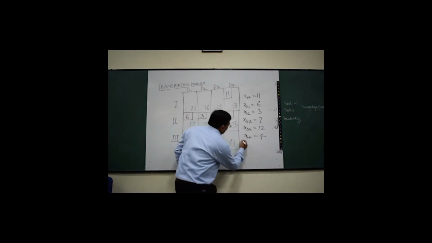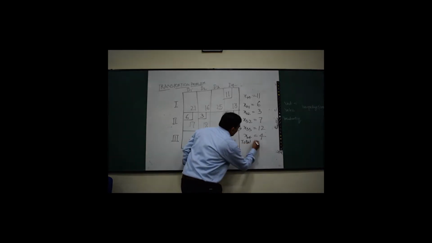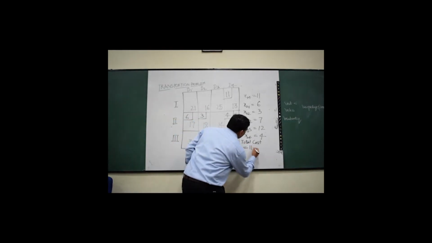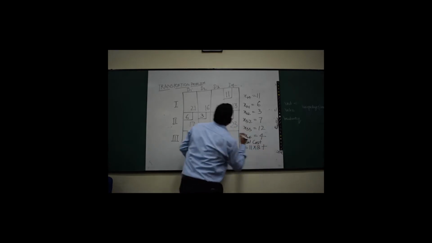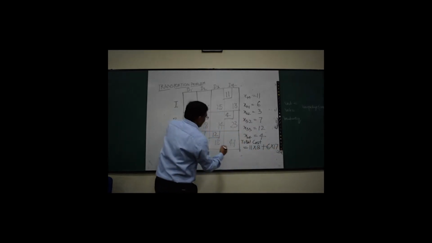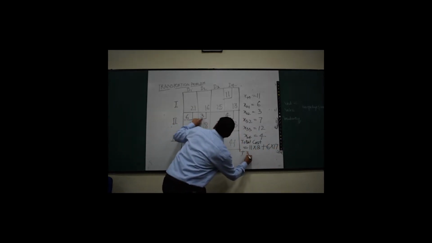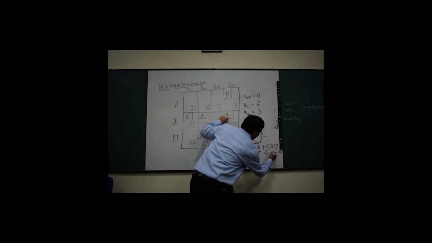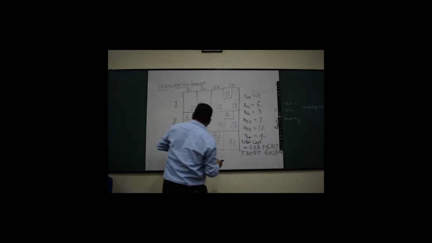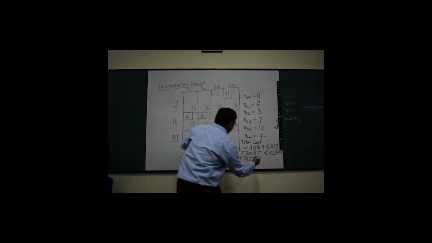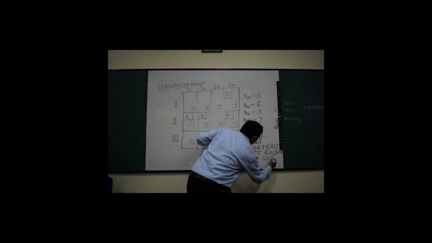Total cost when we have an initial basic feasible solution is 11 multiplied by 13 plus 6 multiplied by 17 plus 3 multiplied by 18 plus 4 multiplied by 23 plus 7 multiplied by 27 plus 12 multiplied by 18.